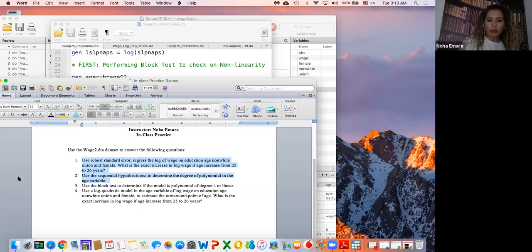So we need an exact effect of the increase in log wage, which is the percentage change in wage, if age increased by 1 unit, which is from 25 to 26. Okay, just a second, fine. And we're using a robust standard error. Dan, did you get the answer for question 1?